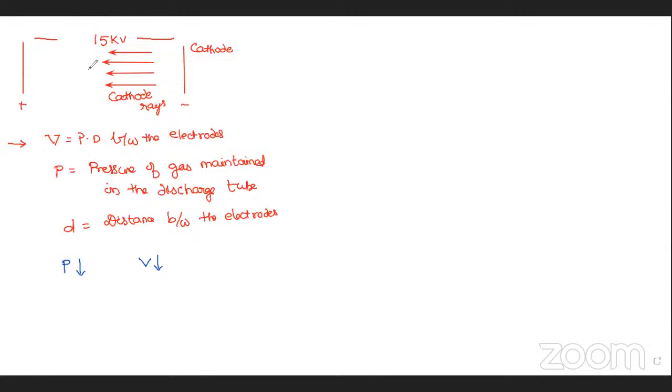That's why we find literally no light from the discharge tube, because the probability of getting light is almost 0.0000001%.